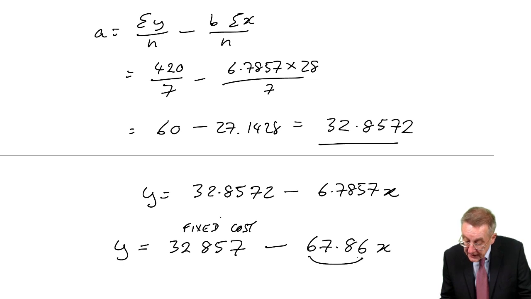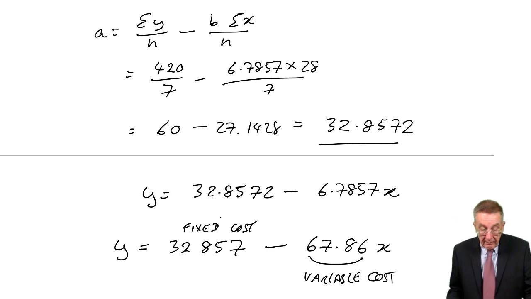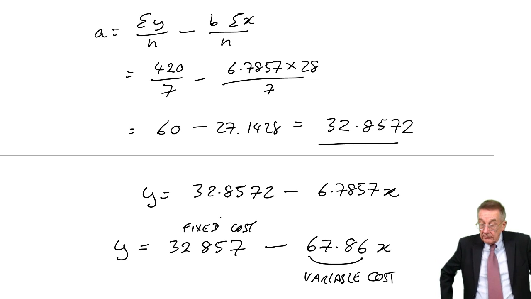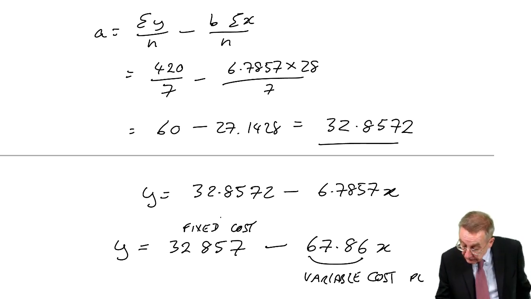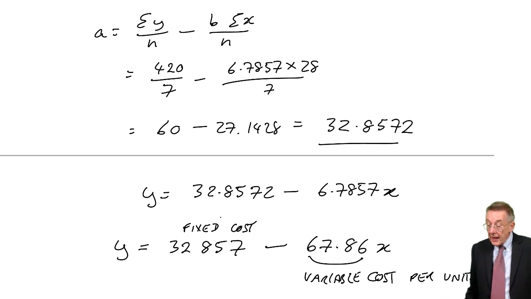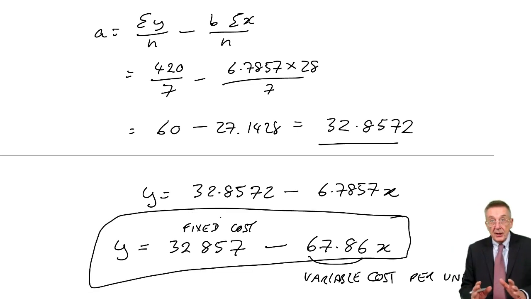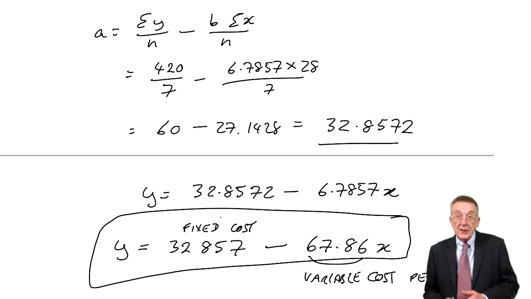And 67.86 is the variable cost. And so there we are, our variable cost per unit. And there is our equation. We've found the fixed cost per month, the variable cost per unit.